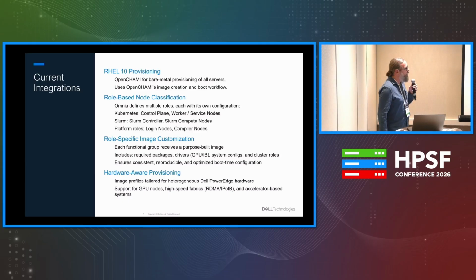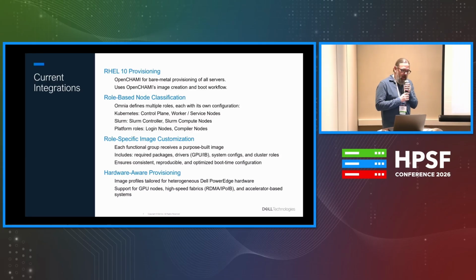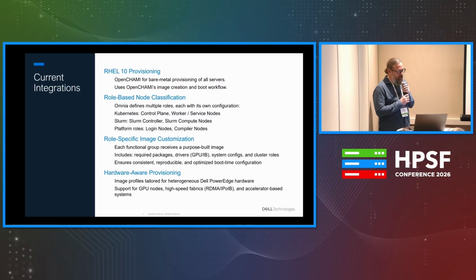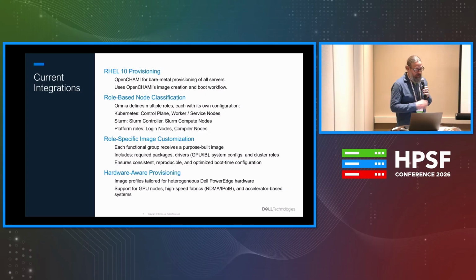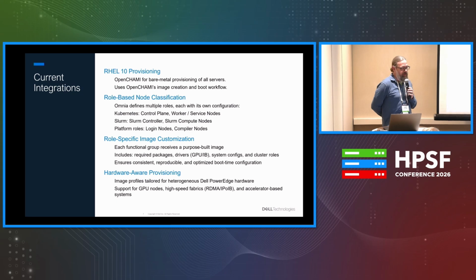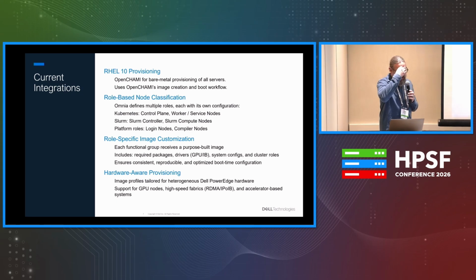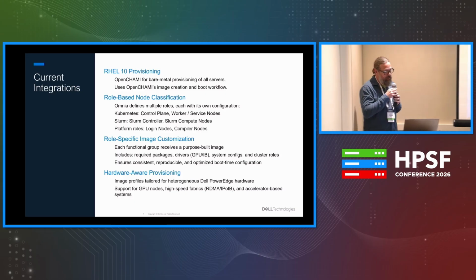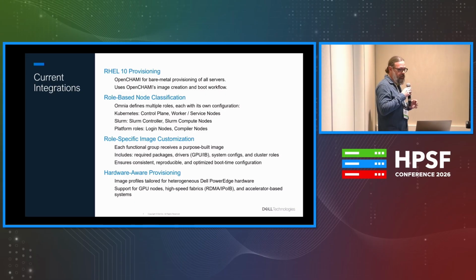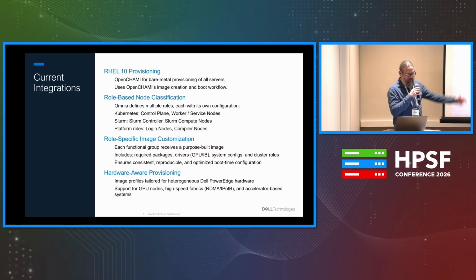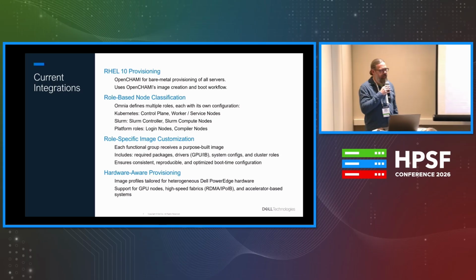All right, so what have we done with OpenCHAMI specifically? We are doing some RHEL 10 provisioning, kind of what Alex had alluded to. We do some role-based node classifications for our system. So we have Kubernetes control planes, workers, service nodes, Slurm controllers, compute nodes, and then login nodes, compiler nodes. There are data movers.